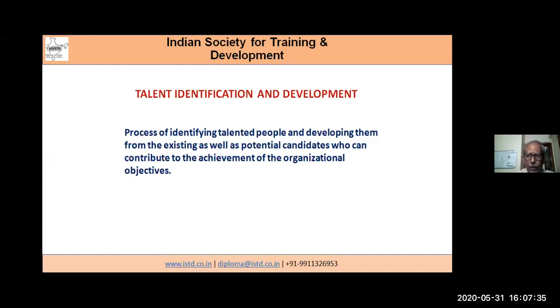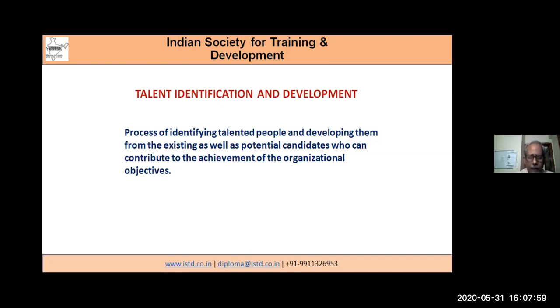So if that is so, there are various steps in talent management. If you remember, first you have to acquire people, then you have to develop people, then you have to retain people in the organization, right? So when you talk of talent identification here, there are two things.